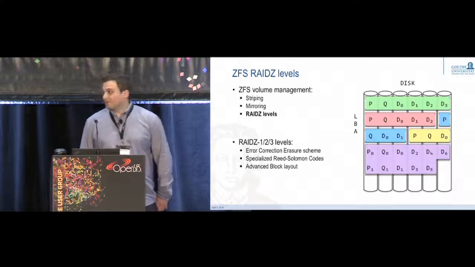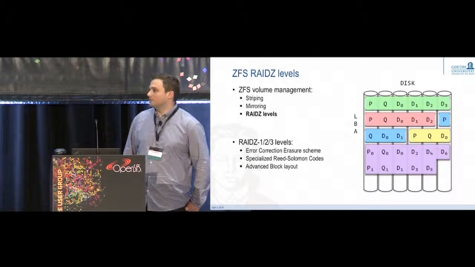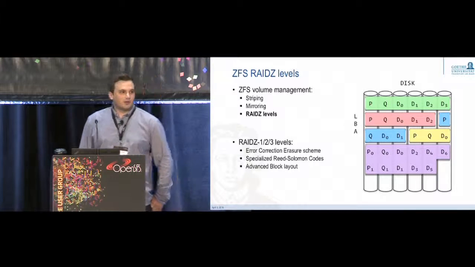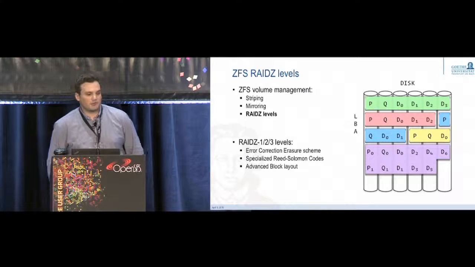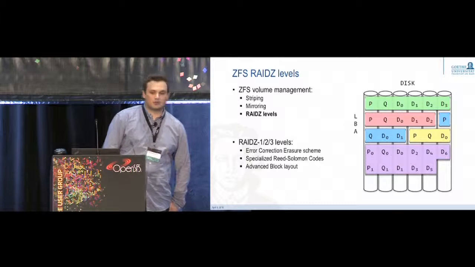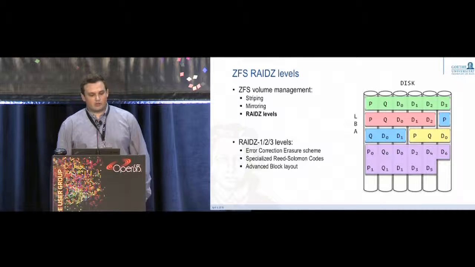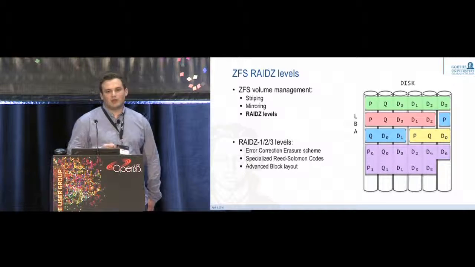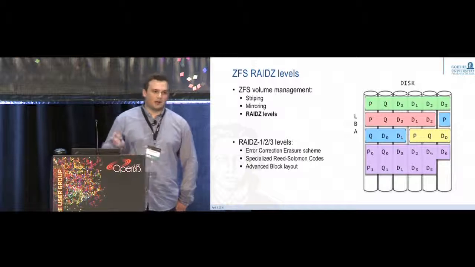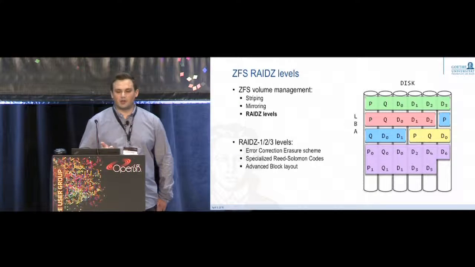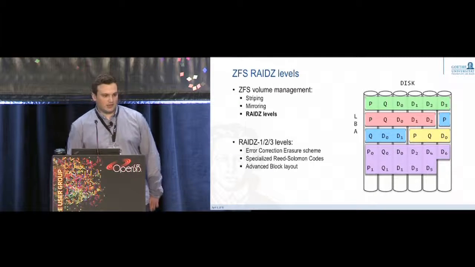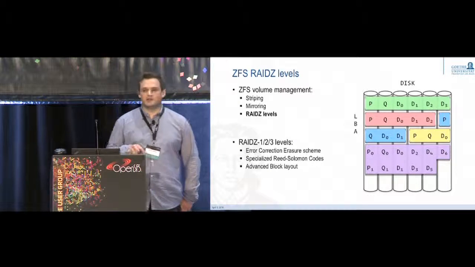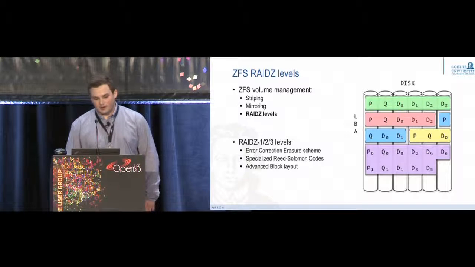So basically, what is a RAIDZ pool or VDEV? It's an error correction scheme, an erasure scheme that uses specialized Reed-Solomon codes. Erasure means just that knowledge about failed or missing data is coming from somewhere else, like checksumming is flagging some disks as unreliable, or we just replace the disk and we know that it's empty and we have to reconstruct it.